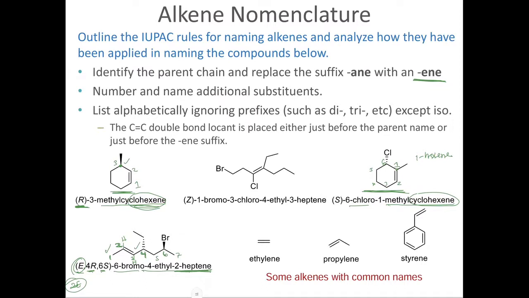Okay, so we end up with S, 6-chloro. Notice here, again we used S because there's only one stereocenter. We don't have to say 6S. Okay. The other common names we need to know is ethylene, propylene, and styrene, because we will use these ones again in some of the upcoming chapters.